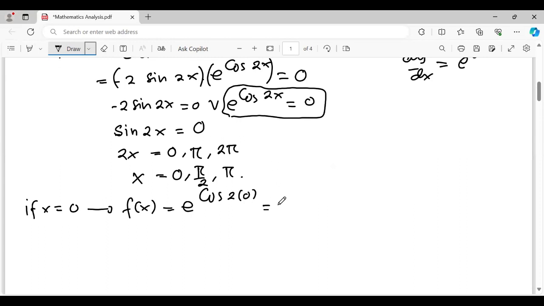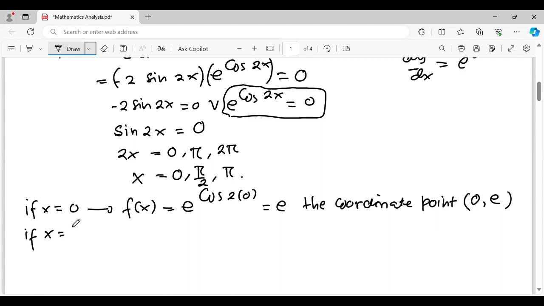Cosine 0 is 1, so e power 1. So the coordinate point is 0, comma e.